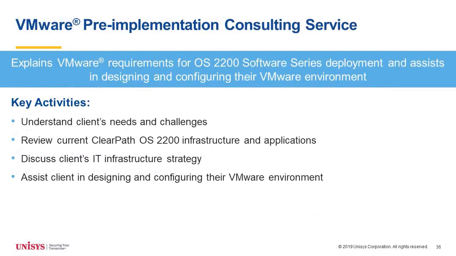Okay, so first let's take a look at the VMware pre-implementation consulting service. From the outset of our software series program, even going back to the 1.0 Developer Studio release, the OS 2200 engineering team has been guided by an architectural principle that the product could be client installable whether deployed on bare metal or VMware. And all the product documentation that Bob referred to earlier does reflect that.